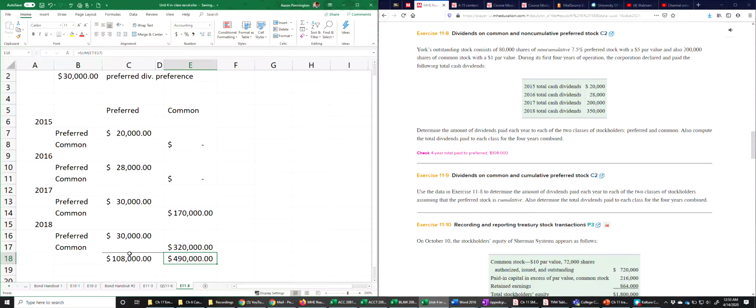The total for all 4 years: 108,000 goes to the preferred shareholders, and 490,000 goes to the common shareholders.